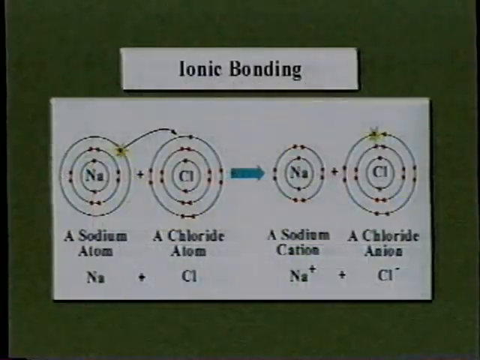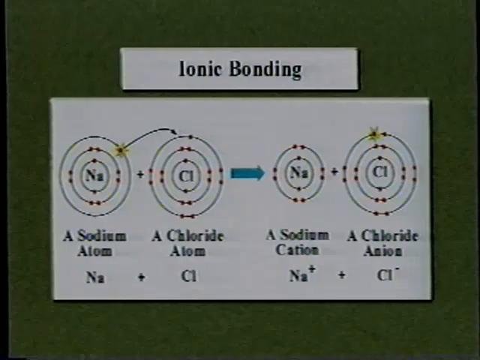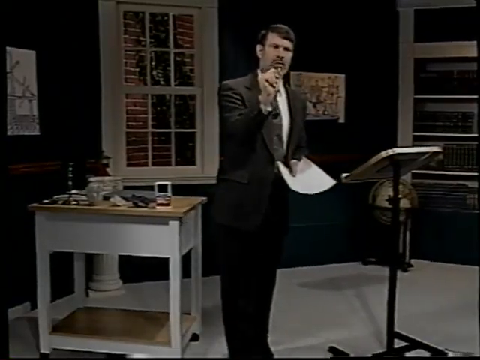So I want you to imagine what happens when a chlorine atom meets a sodium atom. Well, naturally, the sodium says, here, take my electron. I don't want it. And so the sodium's happy. It has 10. Chlorine's happy. It has 18. And something else happens in the process. When the sodium gives up that electron, it now has 11 positive charges in its nucleus, but only 10 electrons.